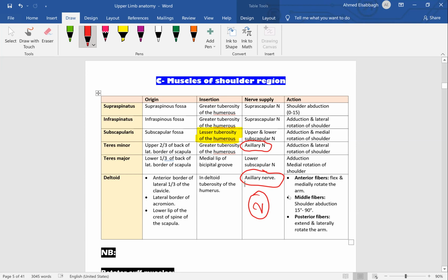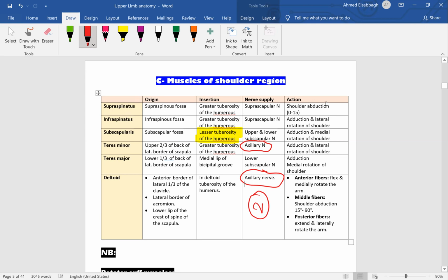So again, supraspinatus, infraspinatus, and subscapularis: origin from the fossae. Insertion: supraspinatus, infraspinatus, teres minor into GT, greater tuberosity. Subscapularis into LT, lesser tuberosity. Excellent. What about the nerve supply? Supraspinatus and infraspinatus are supplied by suprascapular nerve.